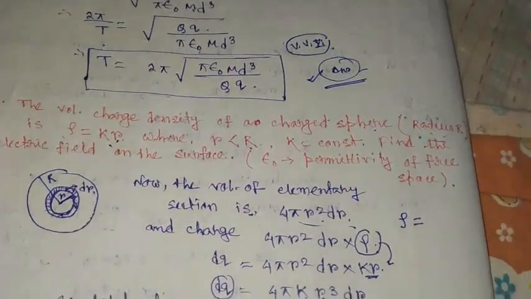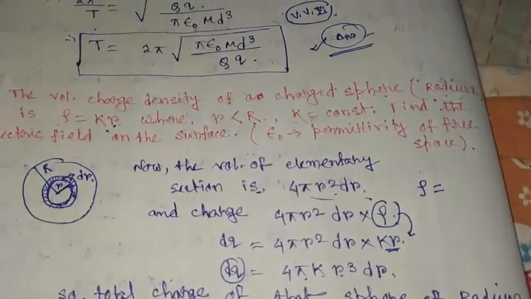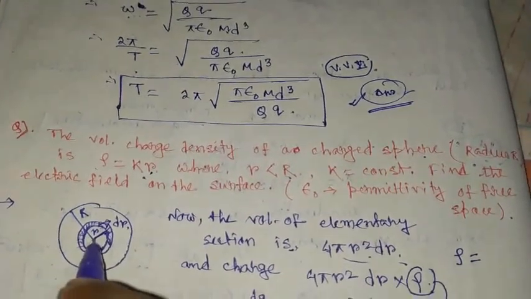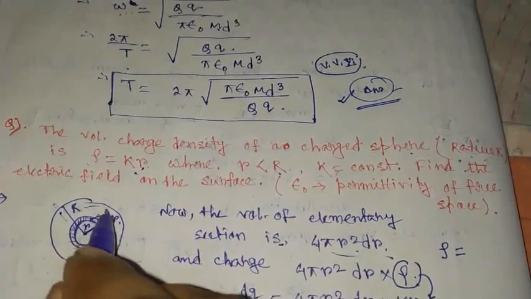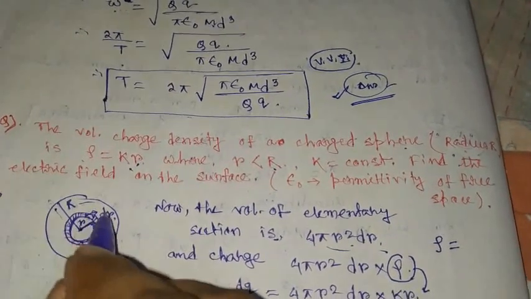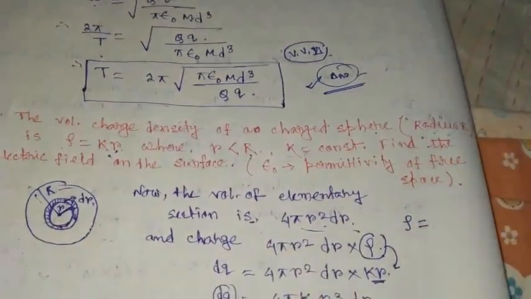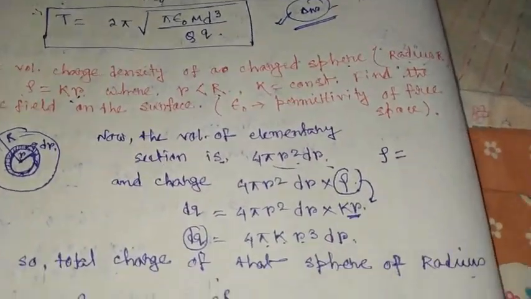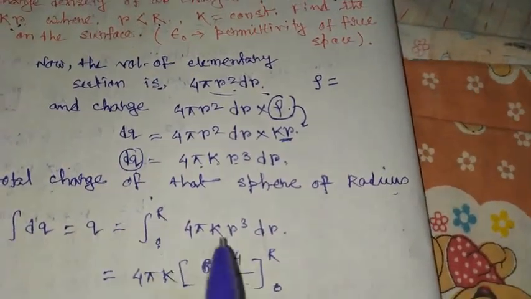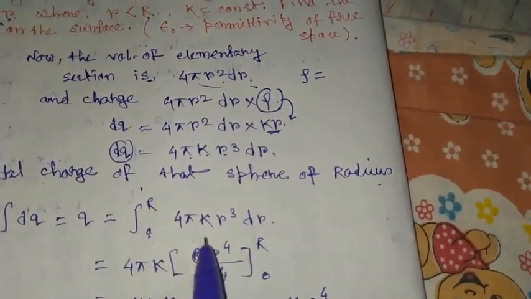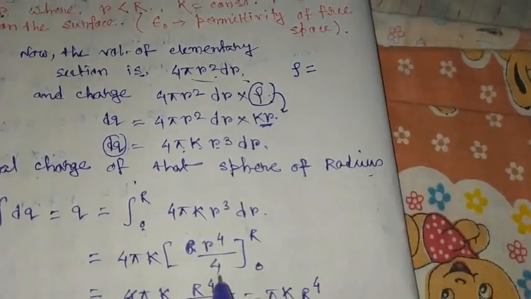So for the total charge of the sphere of radius capital R, we integrate from 0 to capital R, and we can find the total charge inside this bigger sphere. The integration limit will be 0 to R, so 4 pi k r cube dr, and you know the integration of r cube is r to the power 4 by 4.